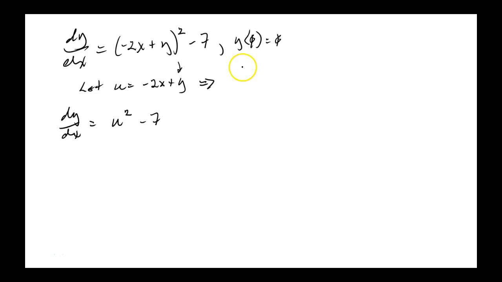So what we're ultimately going to want is a du/dx to replace the dy/dx. du/dx is equal to minus 2 plus dy/dx. The reason for that: take the derivative with respect to x, which will be the minus 2 plus the derivative of y with respect to x, which is dy/dx.